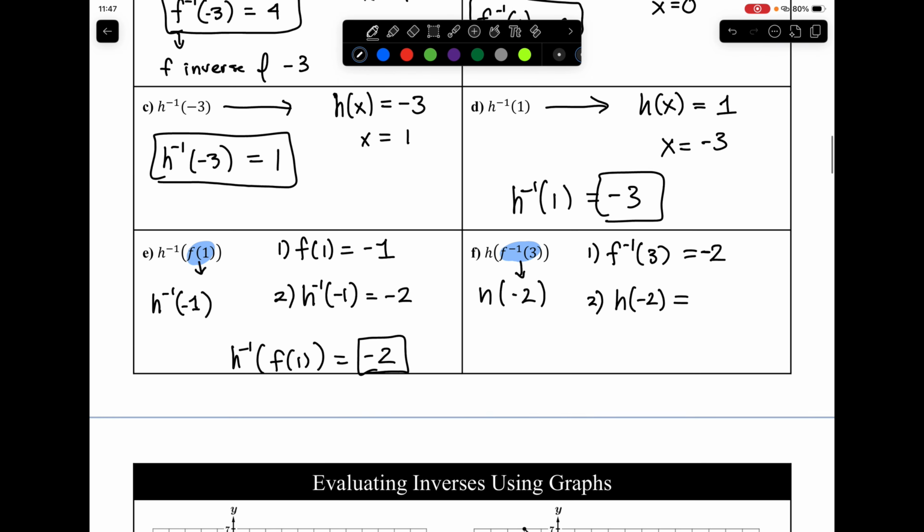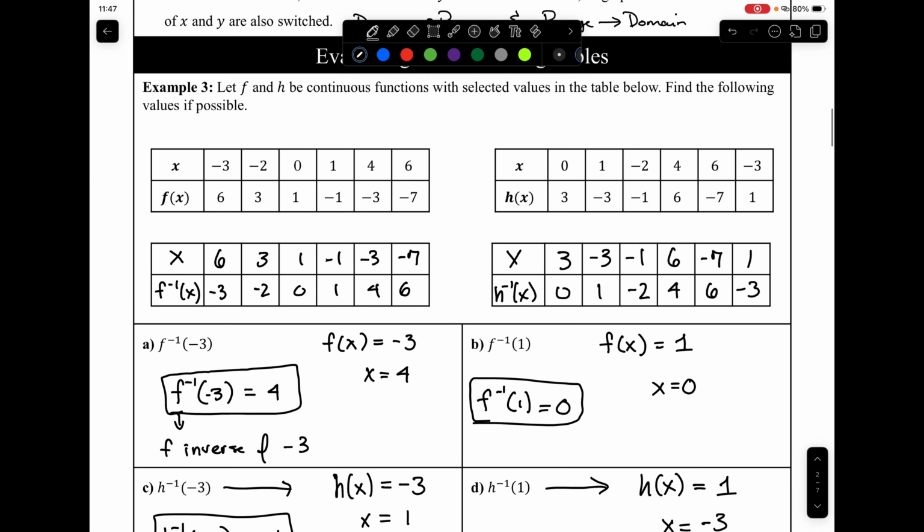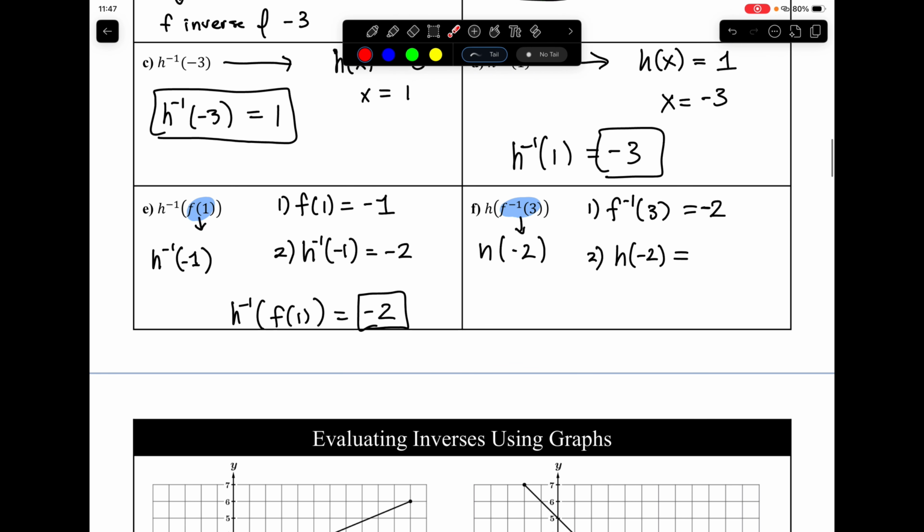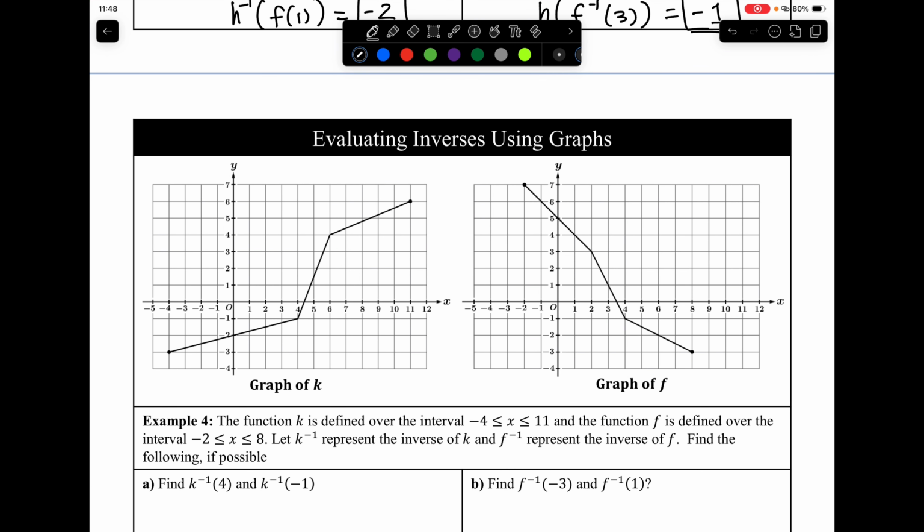Going to the table for h, and looking at the x value of -2, we see that the y value is -1. So our output value is -1. And there's your answer. h of f inverse of 3 equals -1. Okay, let's now move on to the next page.